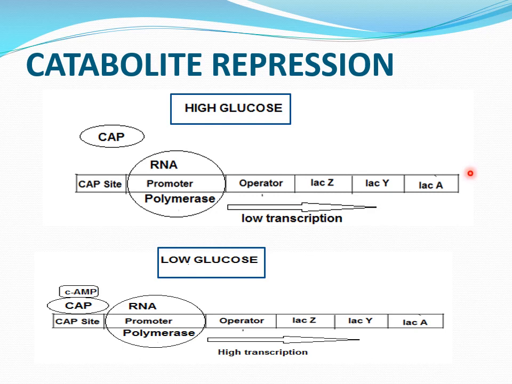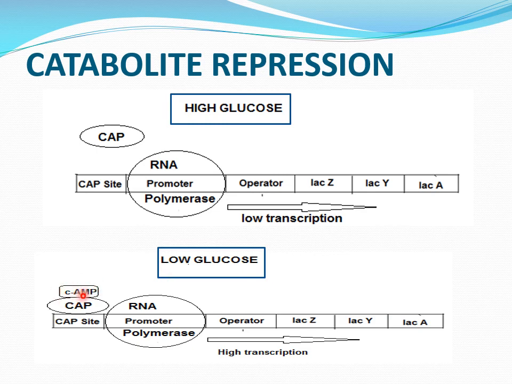However, once the cell consumes the glucose, it now needs more glucose and has got lactose in its environment. So under such circumstances, that is when there is low glucose, the enzyme adenylate cyclase will remain active, and will synthesize cyclic AMP.